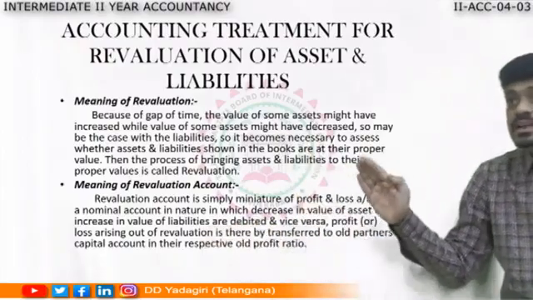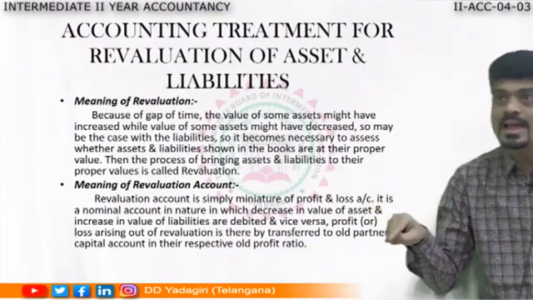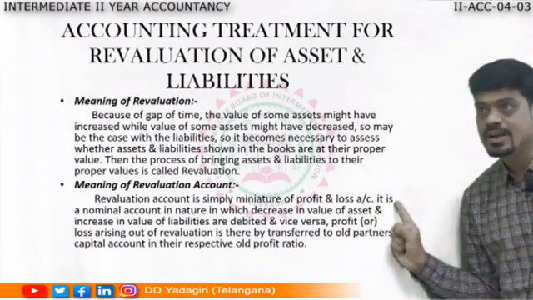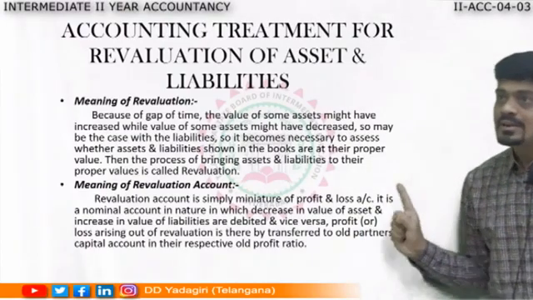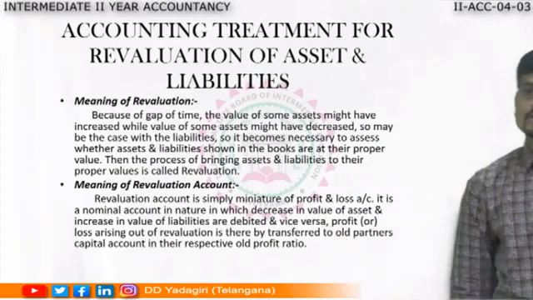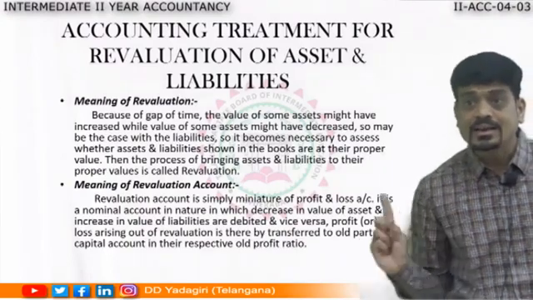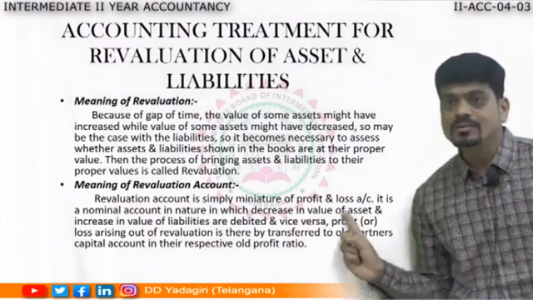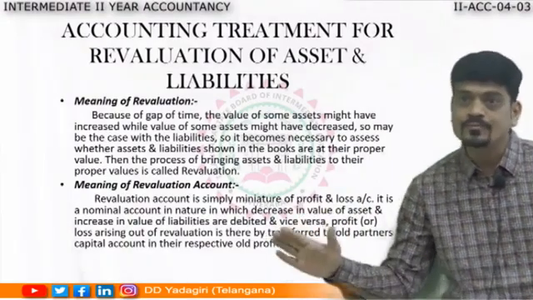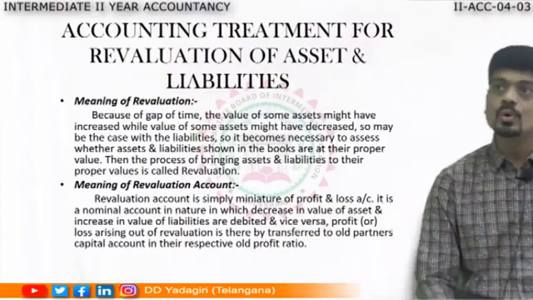Then increase in value of asset, decrease in value of liability will show on the credit side of the revaluation account. And the difference, whatever we get, we'll call it profit or loss. When credit total is more than debit total, we'll get profit, and that profit will be distributed among old partners in the old ratio.